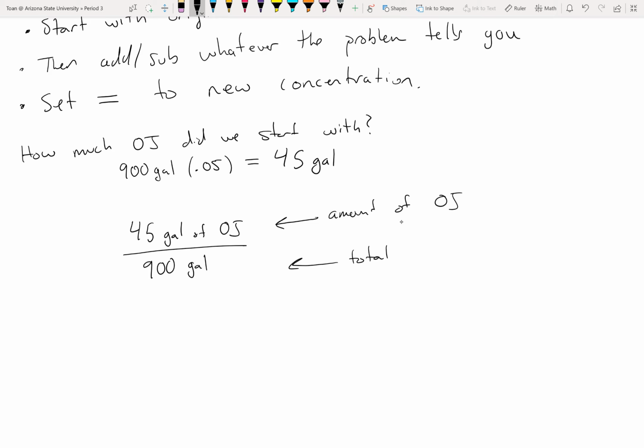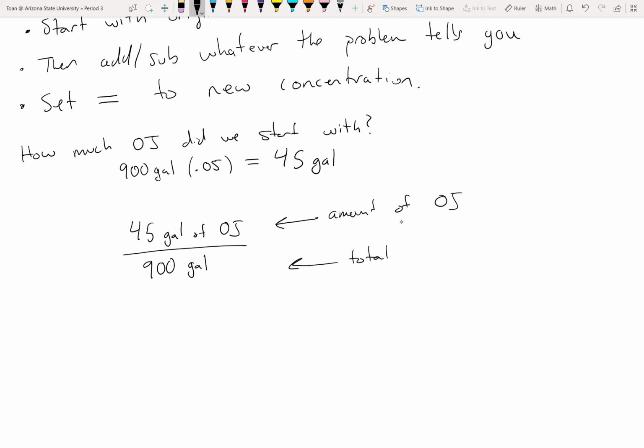The problem says we're going to add orange juice. Orange juice, right? Not apple juice, not grape juice, but orange juice. If I add orange juice, will I be changing the numerator, which is the amount of orange juice? Yes, good. You guys got that question.